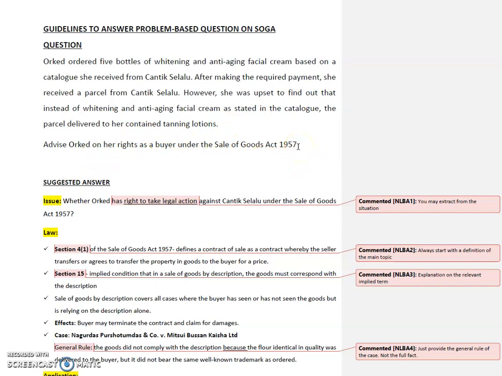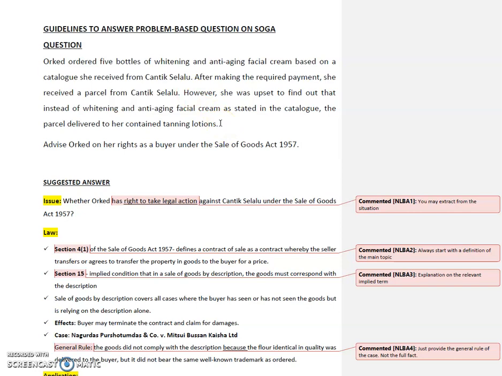The first thing to do is to identify the parties in the situation. Who is the seller and who is the buyer? Orchid here is the buyer, and Cantik Selalu is the seller. So what is the problem between them?